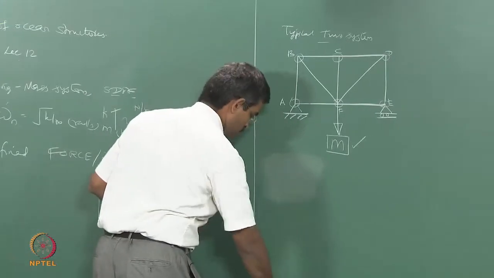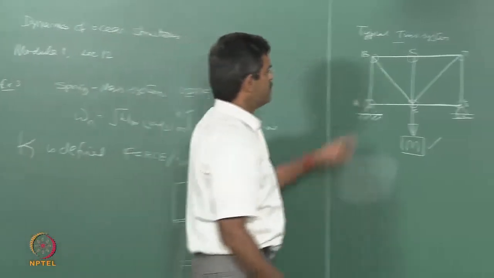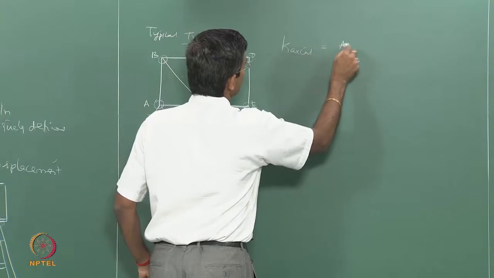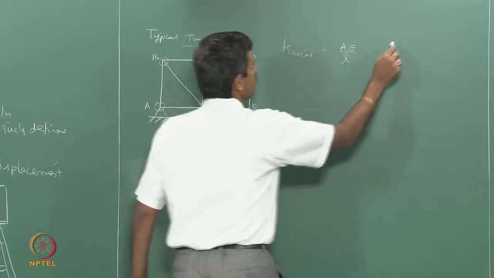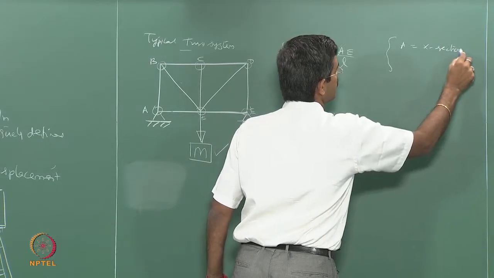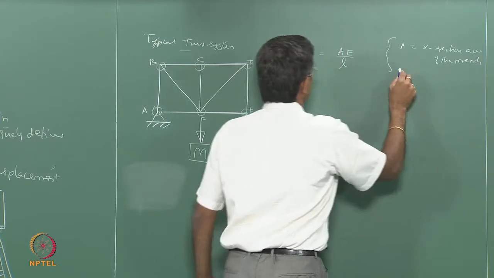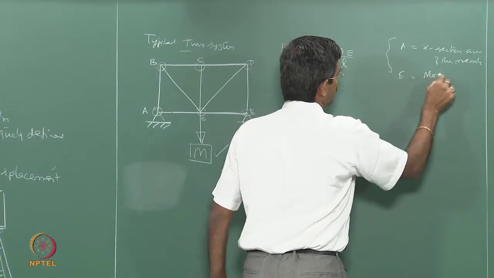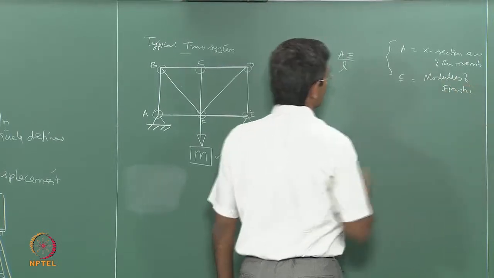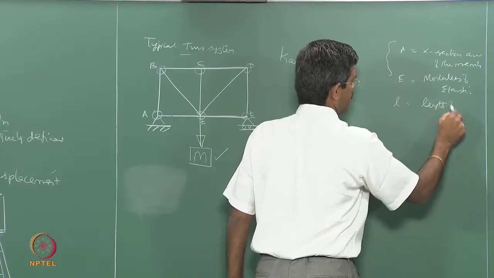So, m is known to me, but you see different members have different axial stiffness. Okay. The axial stiffness of every member is given simply by AE by L, where A is the cross section area of the member, E is the modulus of elasticity of the material, and L is the length of the member.